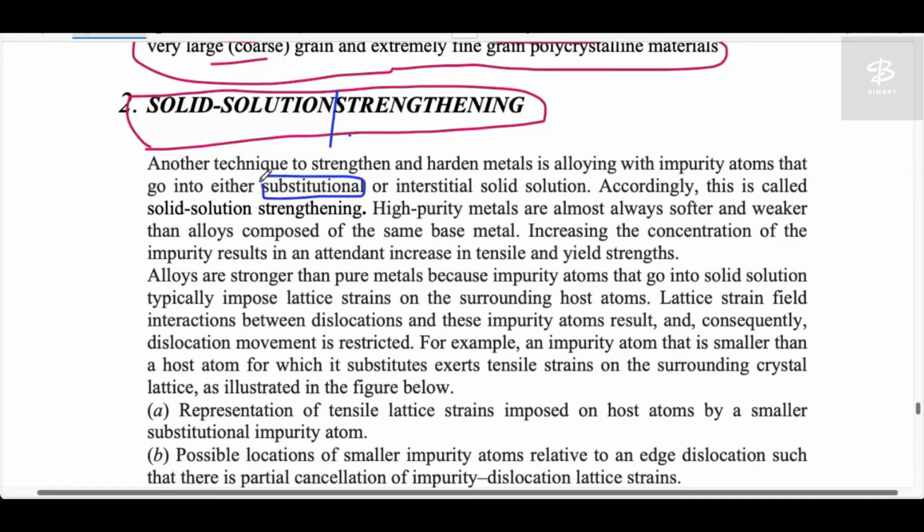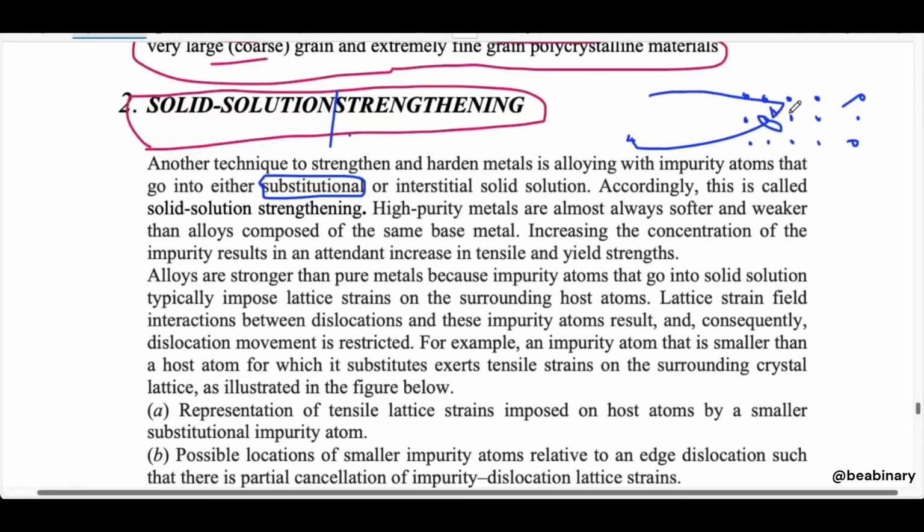I have already explained what substitution means. If you have a lattice or a crystalline structure like this, substitution means you have removed these atoms and set another one here.